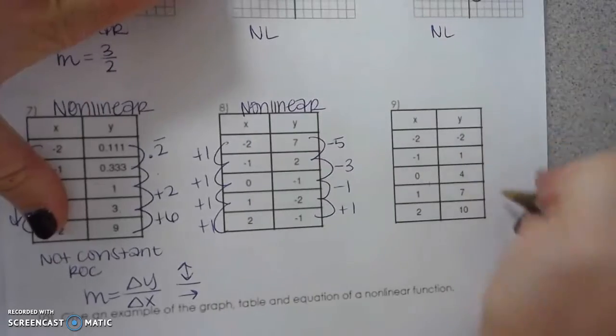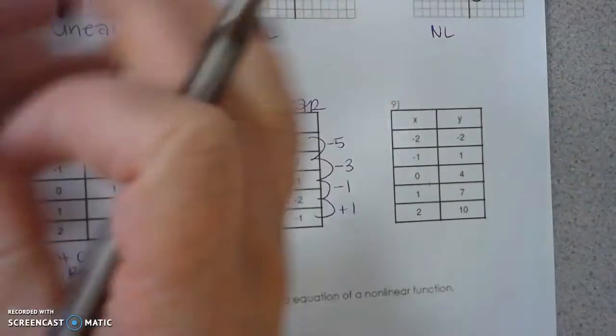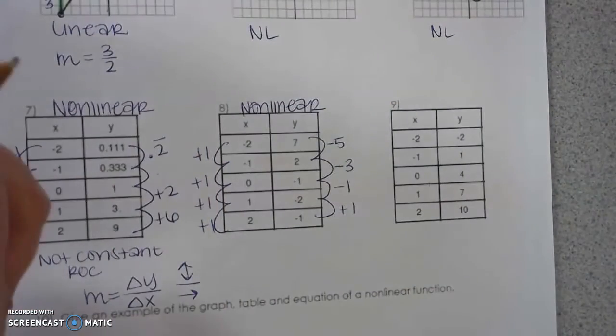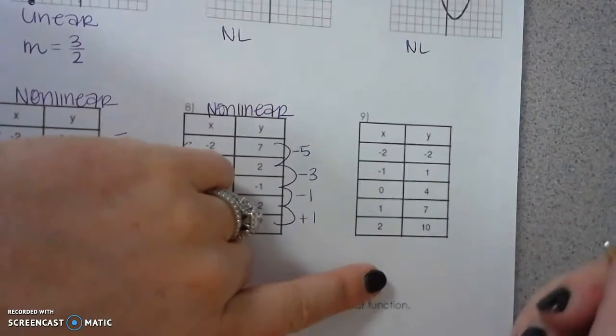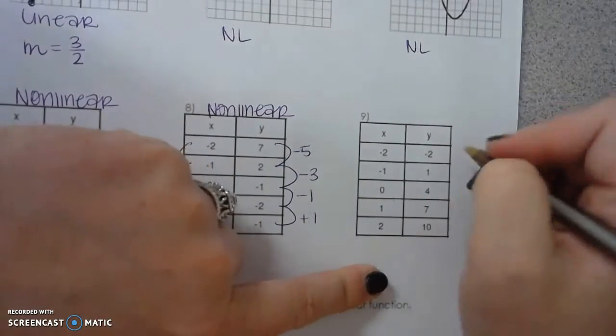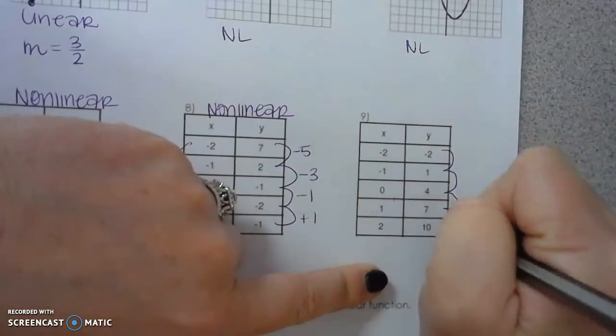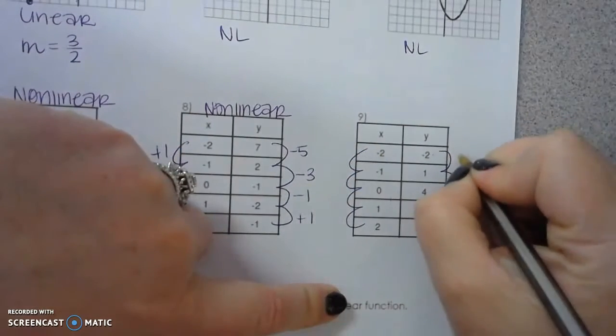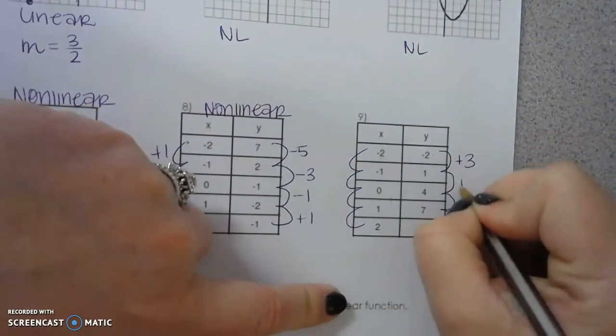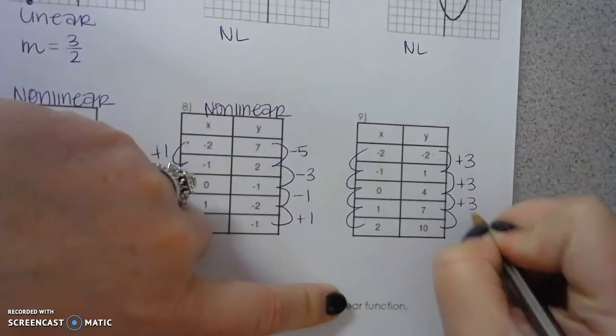And then this one, you can assume, since I told you guys already that there are 3 linear ones, but you do have to realize why, and you can tell me what the slope is. Let's find my change in y. Negative 2 to 1, I am adding 3. 1 to 4, I'm adding 3. 4 to 7, I'm adding 3.